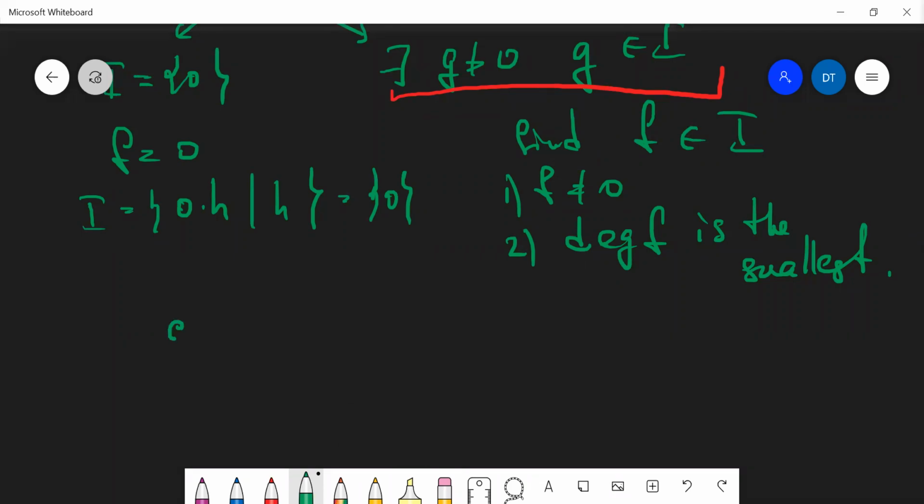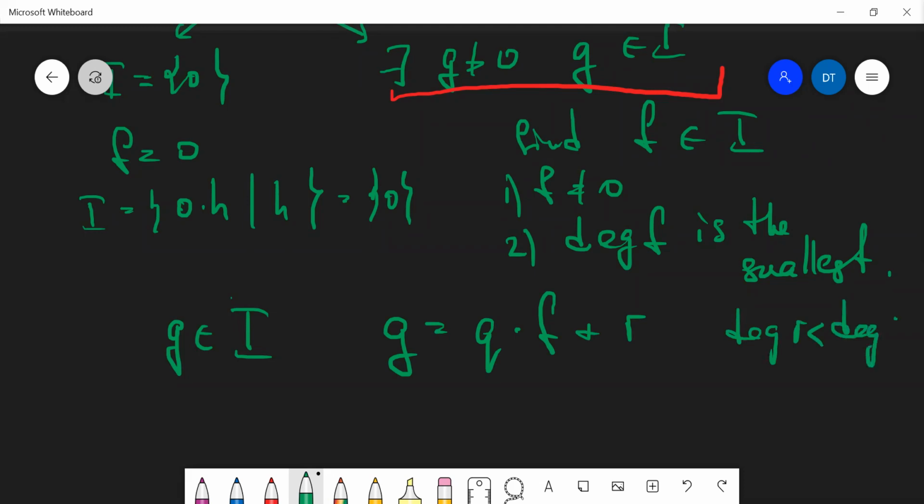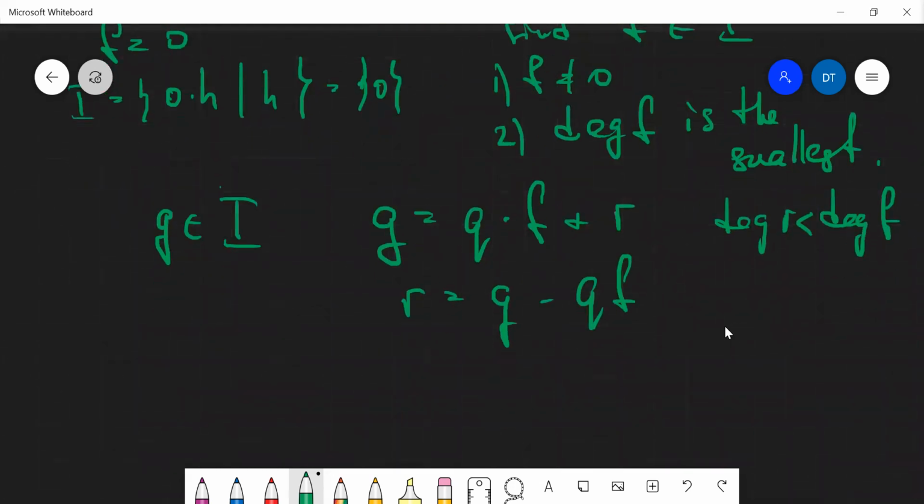Let's take an arbitrary polynomial G of I and divide it by F with remainder. Then G is represented as Q times F plus R, and just by definition, the degree of R is strictly smaller than the degree of F. We can rewrite this as G minus QF. And by definition of the ideal, what do we have here? G was taken from the ideal.